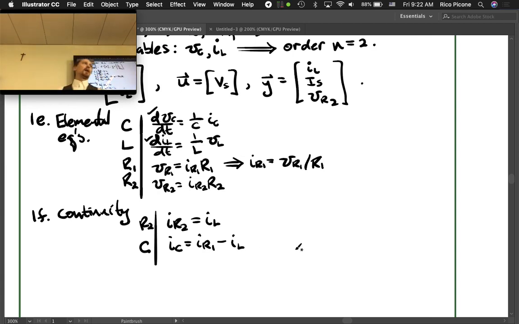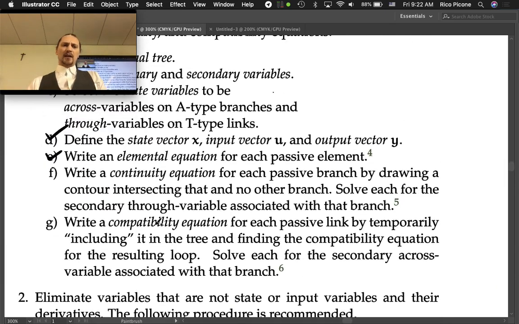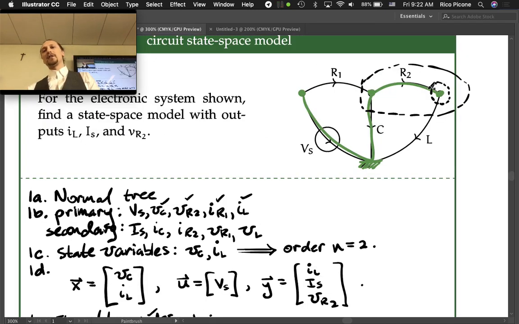Could have just summed everything going in and said everything going in is positive and then solved for IC, but like I told you, it's nice to skip that step and have it solved for the variable that you already want solved for. So that last part of 1F, which says solve each for the secondary through variable associated with that branch, that's what we've done from the beginning. The secondary variable associated with R2 is IR2, right?